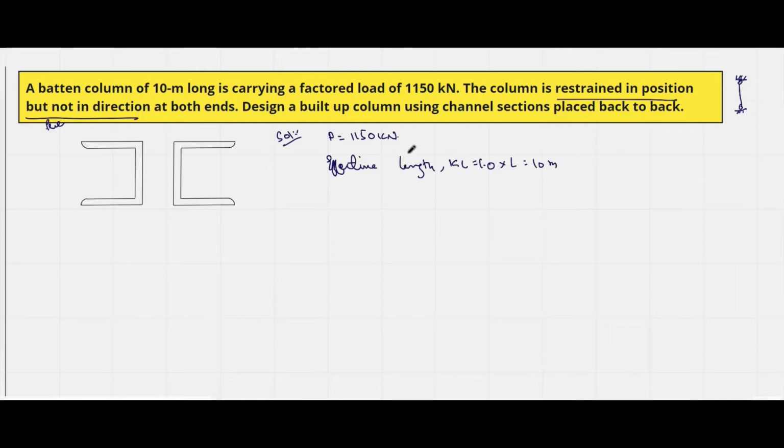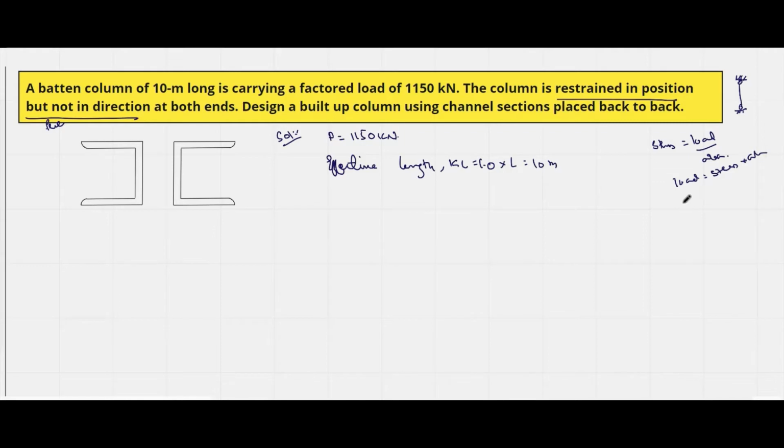Now we need some area, such that we can select some desirable channel section. We know that stress equals load by area. From this we can calculate load equals stress into area.